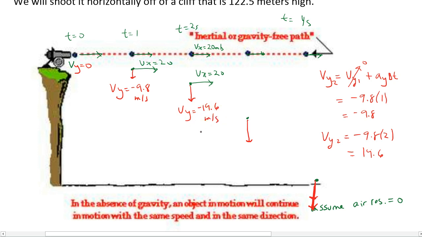So you see how vertically it's increasing its velocity, while horizontally it's staying the same. And here it's Vx equals 20, here will be Vy equals 29.4, and here Vy is going to be equal to 39.2 minus.